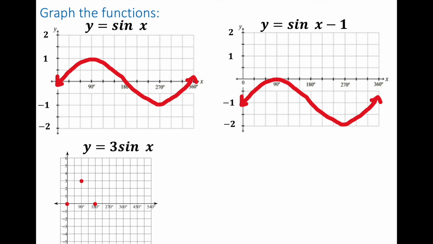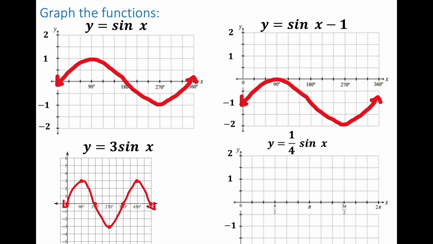At 270 degrees, I was at negative 1, so it is now at negative 3. At 360, I was at 0, so I move back up to 0. This is basically the same sine, only stretched. Everything's multiplied by 3, and I will connect all of those dots to make my graph.